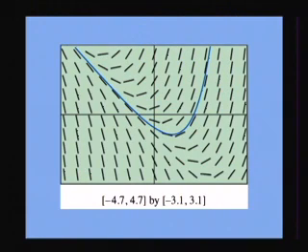You can see that we also have graphed here in blue the particular solution that they were interested in. In other words, this is the point (2, 0), and that blue line is that particular solution.